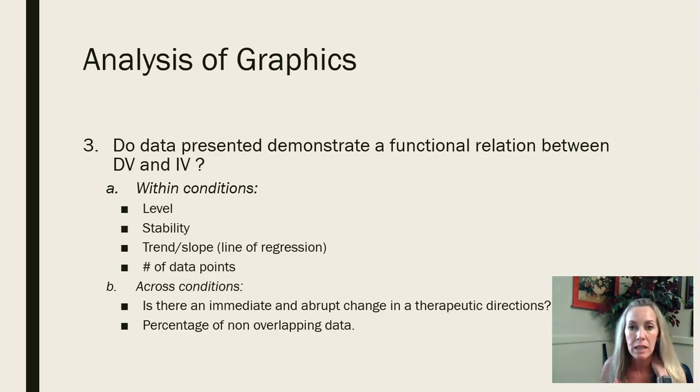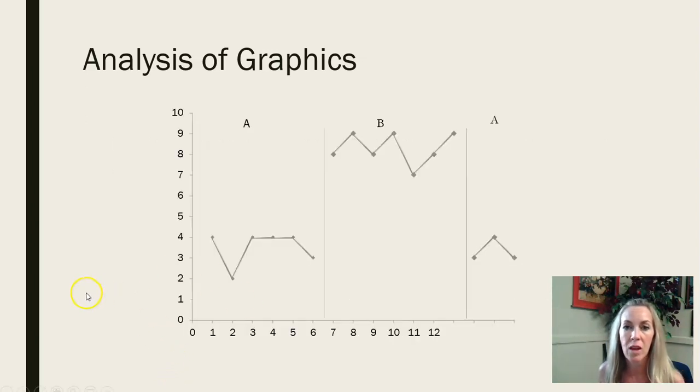The level is the median value of any individual condition. Remember, we get median by putting the data points in order from smallest to largest, and the median is the middle number. Therefore, the median of A here would be 4. So the baseline condition here would be at a level 4.